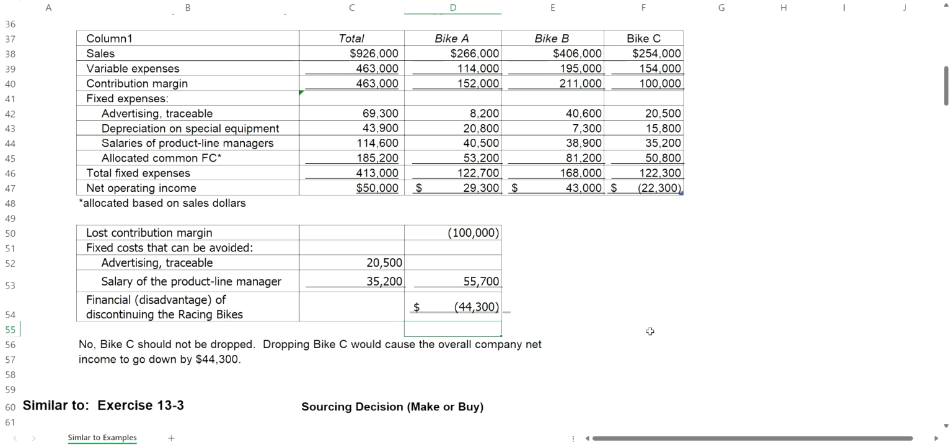So if you still have a negative number, in this case we do, no, Bike C should not be dropped. If we did drop Bike C, our overall company net income would actually go down by $44,300. So therefore, we should keep Bike C. We'll move on in the next videos to some other types of decision making done in business.